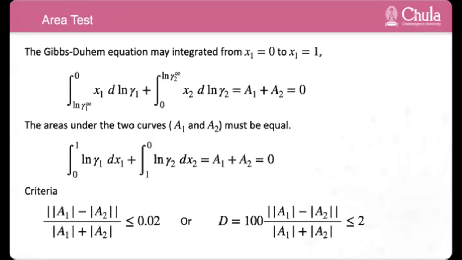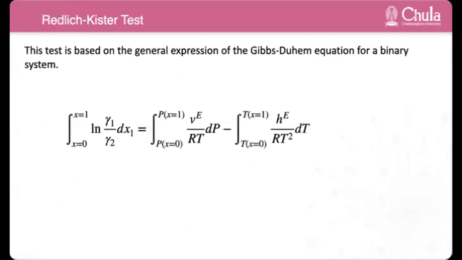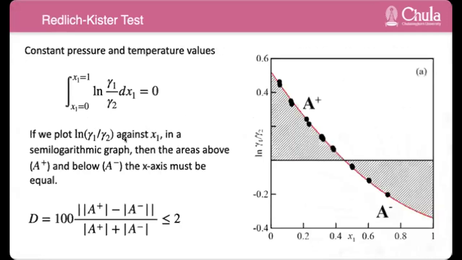the other technique to test the data is we call it Redlich-Kister test. And this test is based on the general expression of the Gibbs-Duhem equation for binary system again. This is the Gibbs-Duhem equation in general terms, okay? And we consider the integral from x1 = 0 to x1 = 1 of log(gamma 1 over gamma 2) dx1, okay?